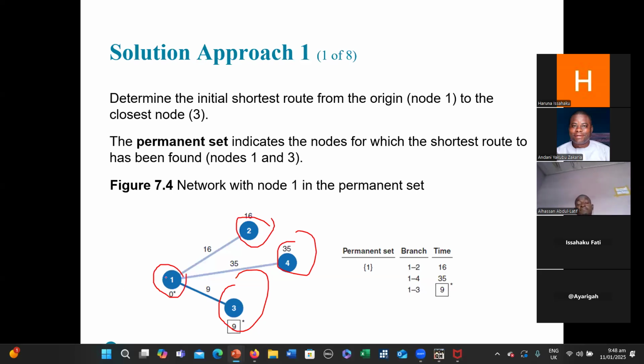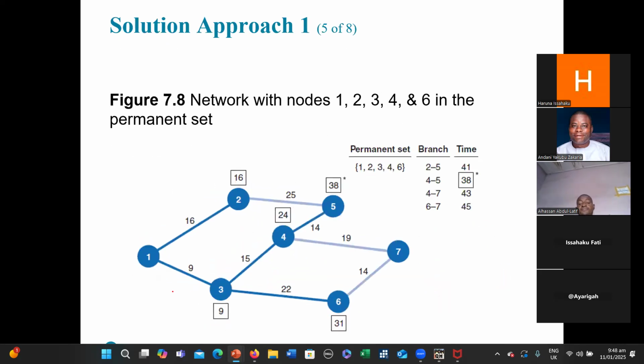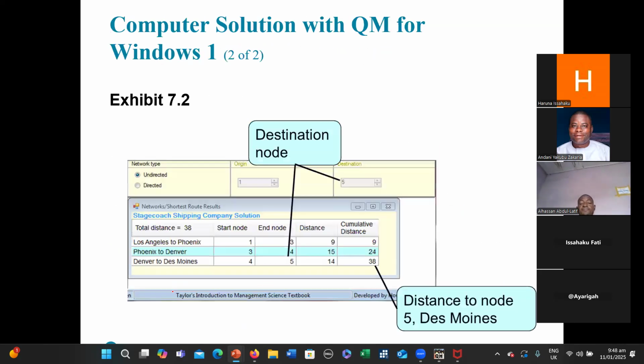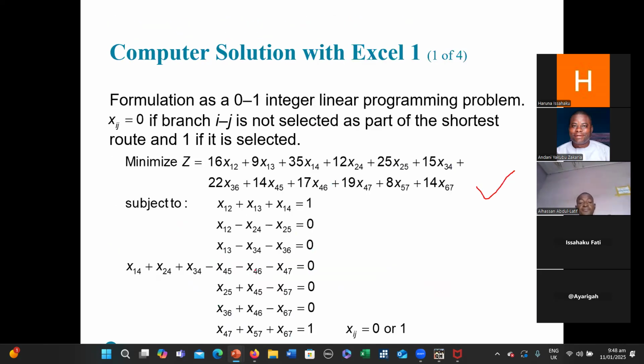Which means that from node 1 to 2, node 1 to 4, and node 1 to 3, only one will be selected, and we selected 1, 3. So that is what we are representing in the first constraint. Node 1 to 2, node 1 to 3, node 1 to 4, only one can be selected.